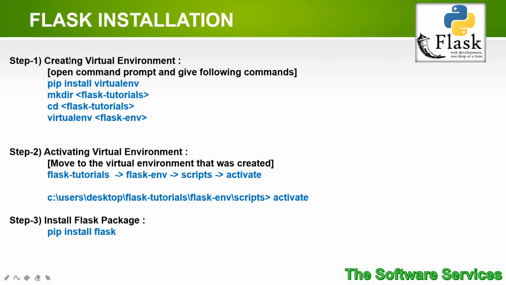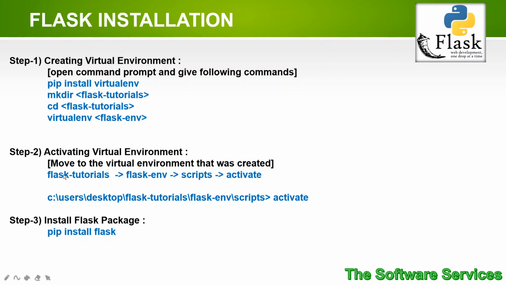After creating the virtual environment, you need to activate it to work on it, right? To activate it, first of all you need to move to the location where the scripts folder is. Inside the Flask tutorials folder, inside the virtual environment folder called flask-env, you have scripts, and inside scripts you have the file called activate.